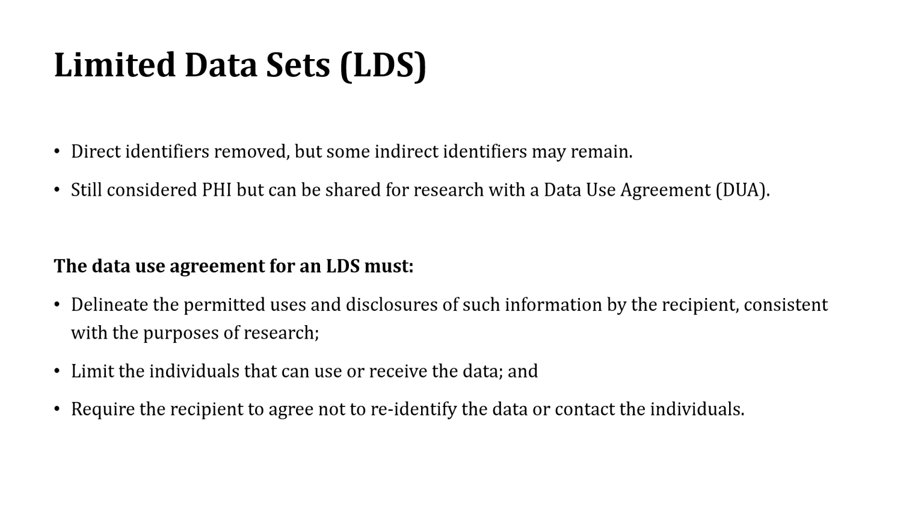Since there's still some risk, researchers must sign a data use agreement. That agreement lays out exactly how the data can be used and who's allowed to see it. And it makes clear that no one may identify the data or contact the individuals behind it. It's meant to strike a balance, protecting people's privacy while still allowing meaningful research to happen.